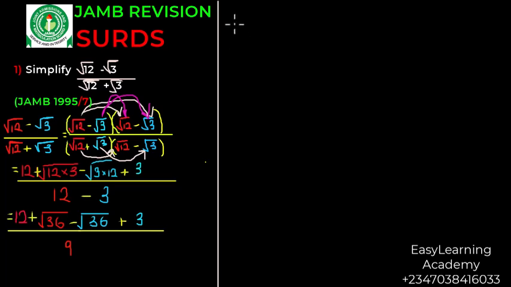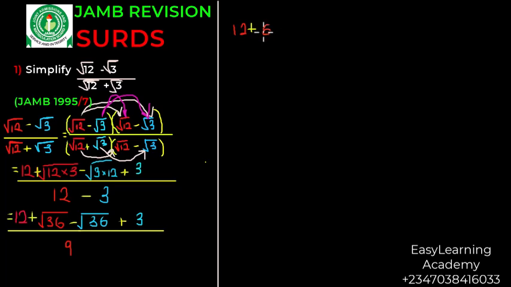Bring down our 12. Okay, bring down 12 now, and then our operation sign is plus. And the square root of 36, the square root of this 36 is what? Square root of 36 will give us 6. Oh, I don't need to use that, did I? No, didn't use it.